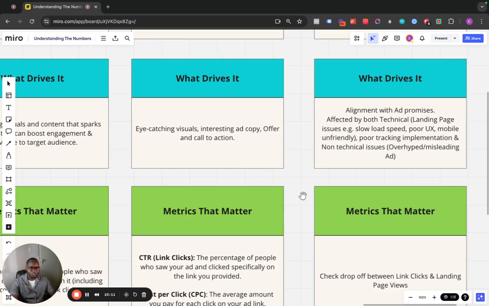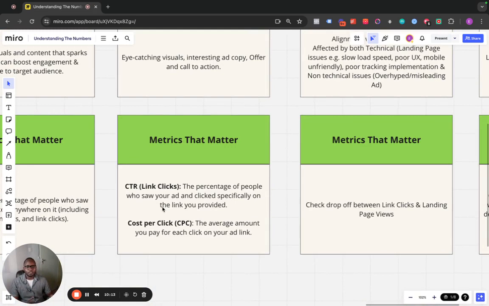And the metrics that matter in this segment are going to be the CTR link clicks. So this is a percentage of people who saw your ad and clicked specifically on the link you provided. So they clicked on the call to action button. The second one is going to be the cost per click, which is the average amount you're paying for each person who is clicking on your ad link.